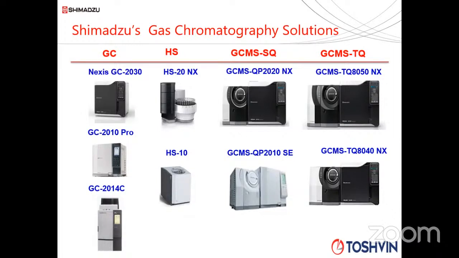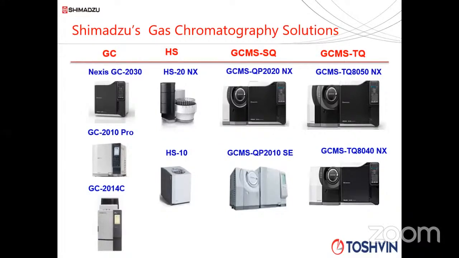Then we have 2 models of triple quadrupole GC-MS-MS, TQ8040NX and TQ8050NX. The 8050 is the latest model, a very powerful, advanced system, the top of the line TQ model. So we have 2 triple quadrupole MS, 2 single quadrupole MS, 3 different models of GC and 2 different models of headspace.